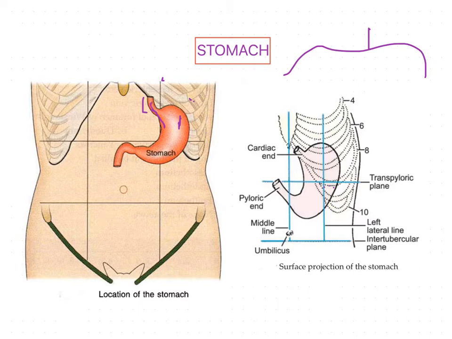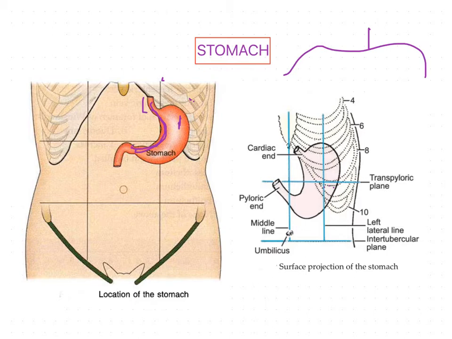The right border of the esophagus continues as the lesser curvature here. The lesser curvature provides the attachment of the lesser omentum.